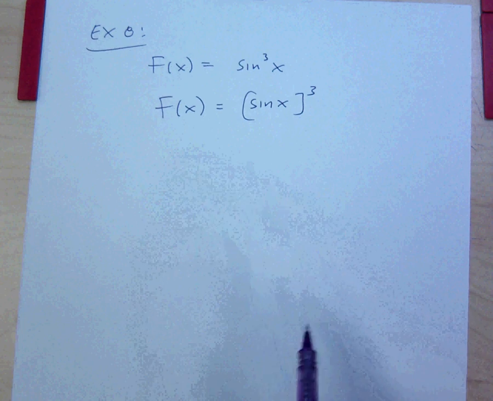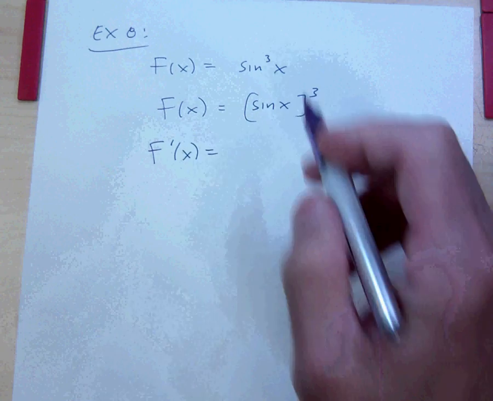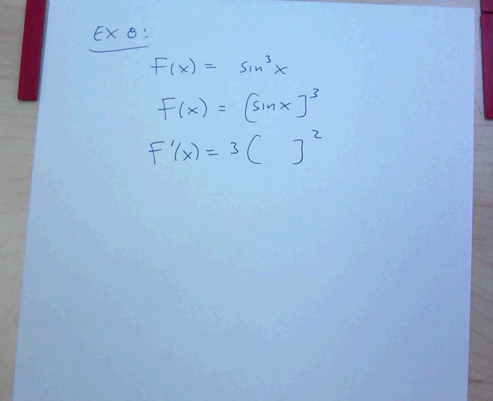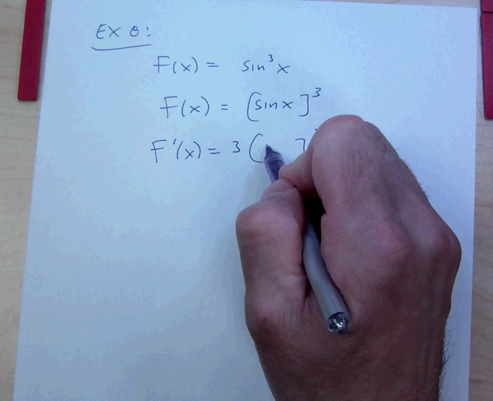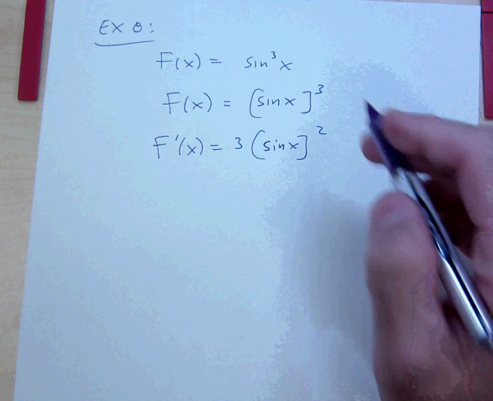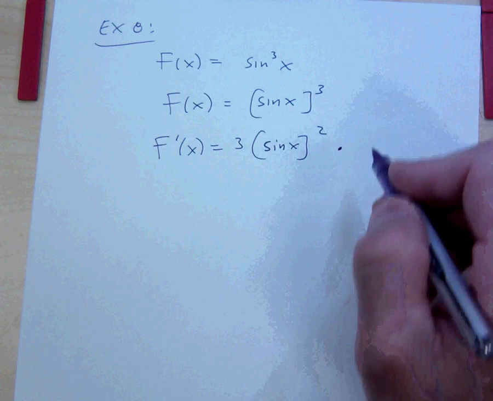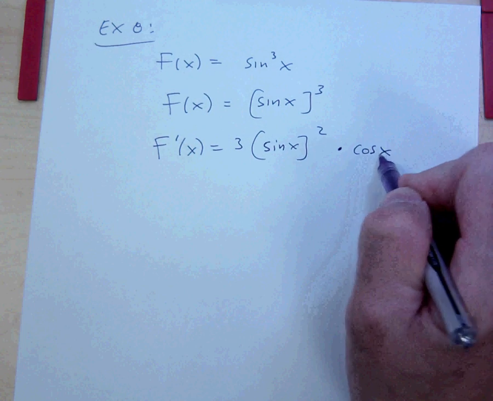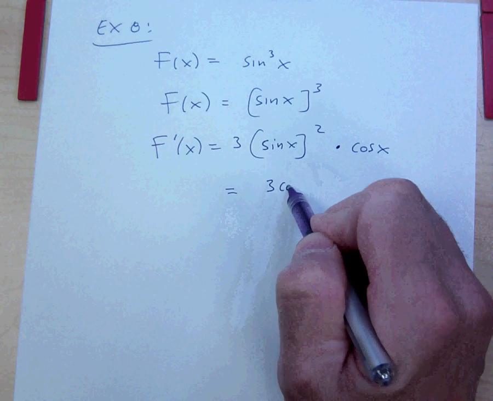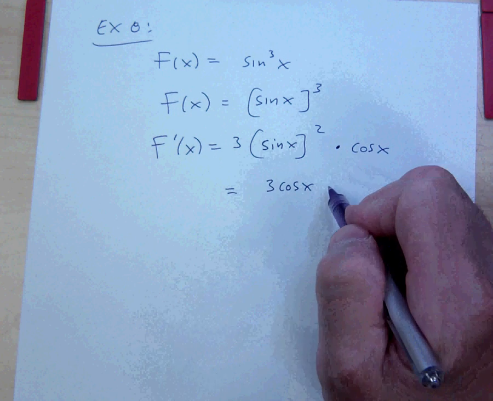To take the derivative, you start by taking the derivative of the outside by bringing down the exponent and subtracting 1 from the exponent. And at that point, don't forget to put the inside back in exactly the way it was. Now you finish the chain rule by multiplying by the derivative of the inside. And what's the derivative of sine? Cosine. So at this point, I would bring the cosine out front like that. It really doesn't matter the order.